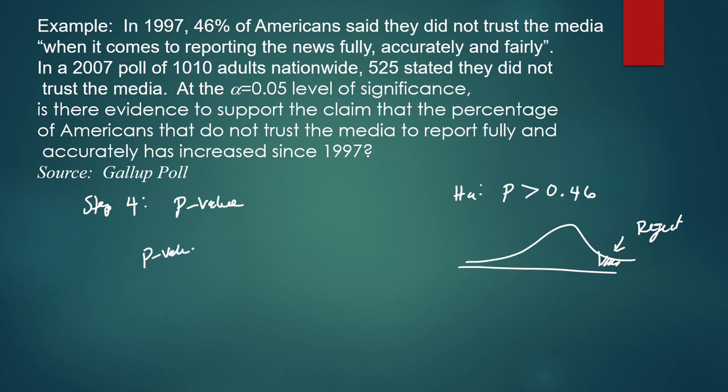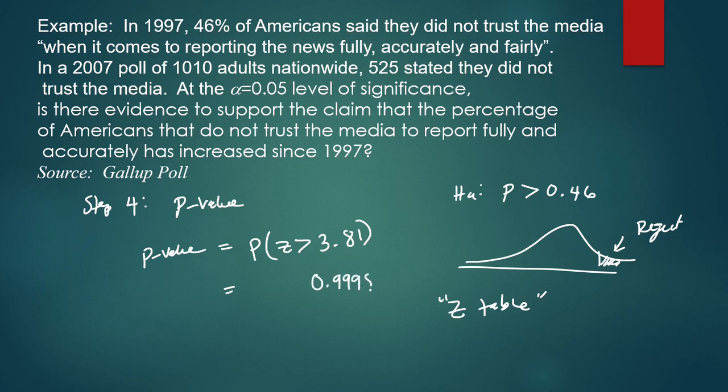The p-value is equal to the area to the right of our test statistic from step 3 of 3.81. Use your z-table to find the area to the right. Using the z-table, I know that this area is 0.9998. But remember, since it's area to the right, I have to subtract from 1. And our probability, or our p-value, is now 0.0002.